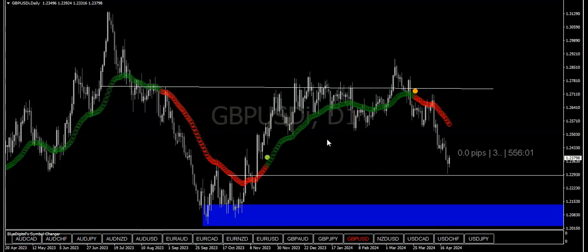I got a few inboxes in my Telegram asking me certain questions about how you get your entries and your exit points, how you know where to exit from using your strategy. And basically, people, I'm about to break it down for you, but this is a perfect idea of the strategy I use.